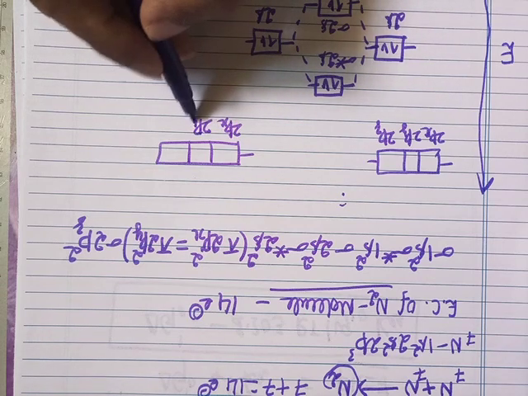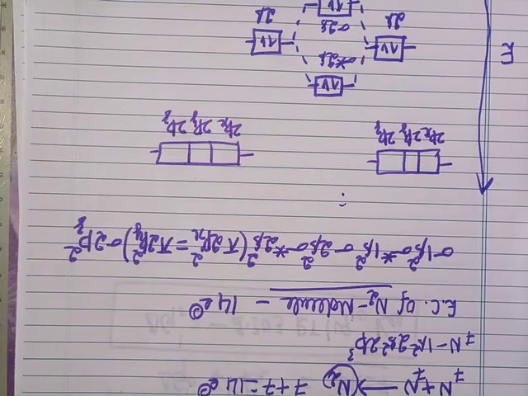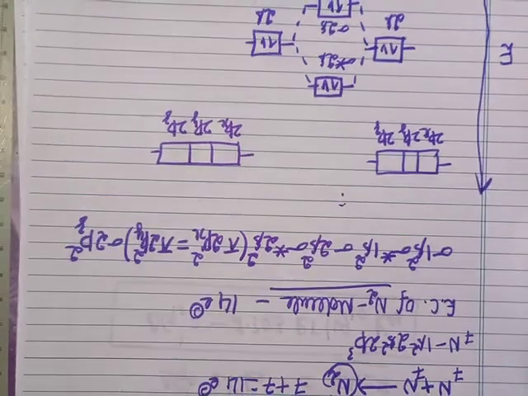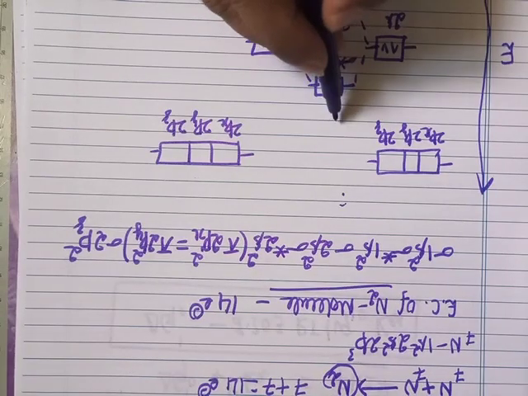These 2p orbitals will combine to form 6 molecular orbitals.